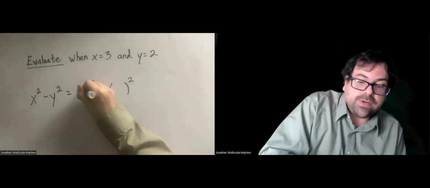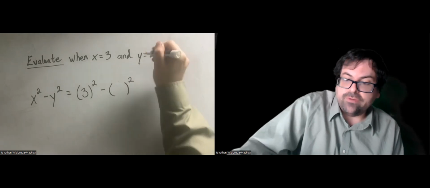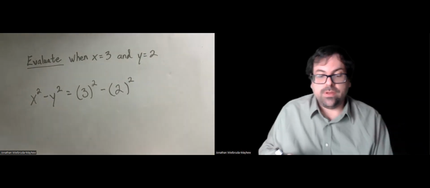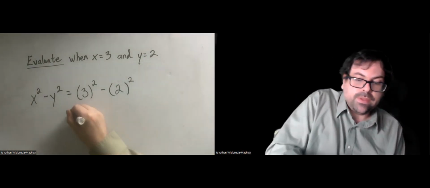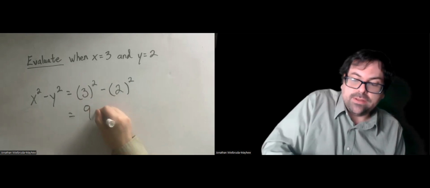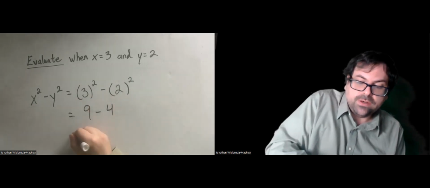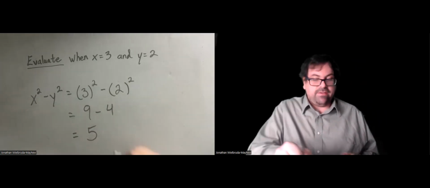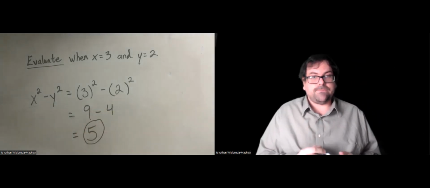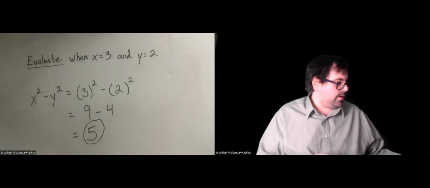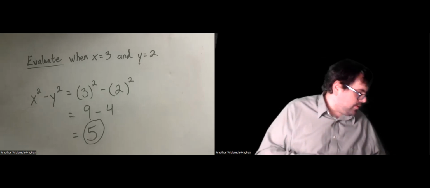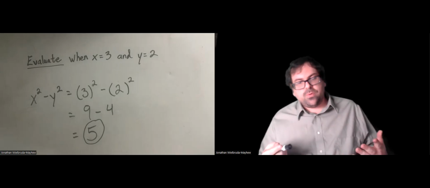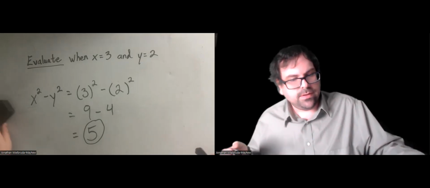In this case, it's only 3. And for y, we only have 2. 3 squared is 9. 2 squared is 4. 9 minus 4 is 5. So that's evaluating expressions.